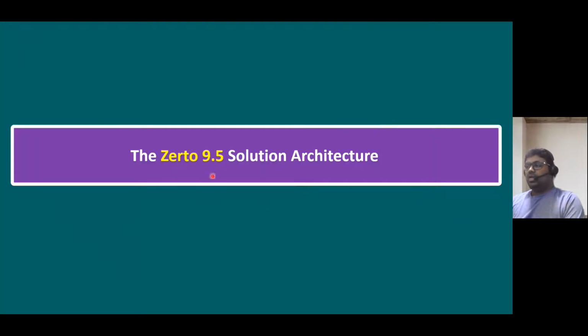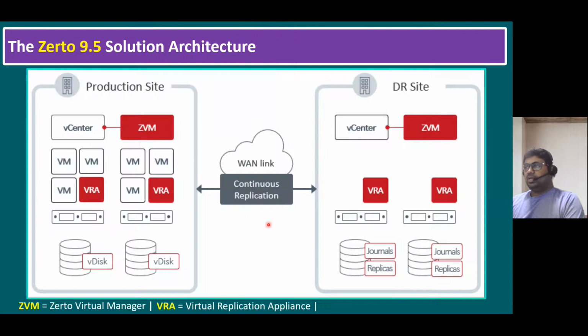The Zerto 9.5 solution architecture, we are already familiar with now, because if you watched the previous sessions, we are already familiar with this architectural diagram. The key item is, whenever we plan to verify the solution, we make sure that we have a management tool, ZVM, which is Zerto Virtual Manager, and all the ESX hosts must have a Virtual Replication Appliance installed.